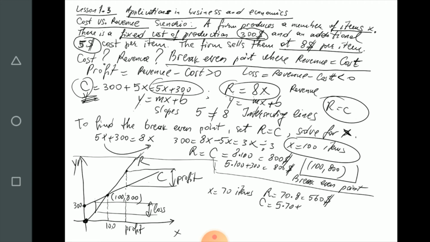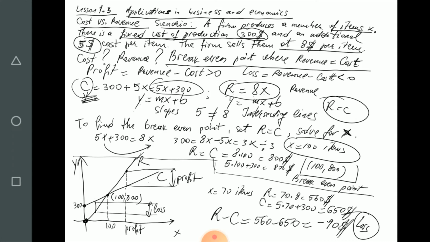So I replace x with 70. That's $650. So when you look at the difference between the revenue and the cost, that's 560 minus 650, and that's going to be minus $90. So obviously there is a loss of $90 for that level of production.